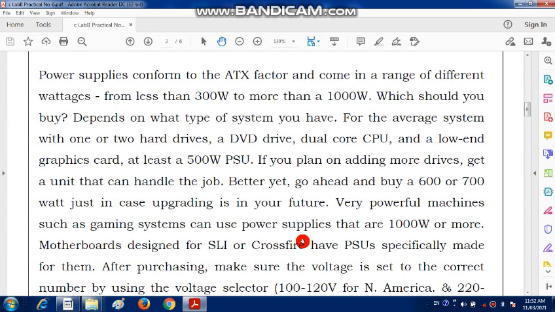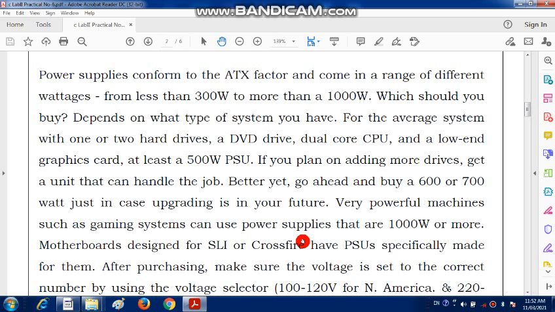Power supplies conform to the ATX form factor and come in a range of different wattages from less than 300 watts to more than 1000 watts. Which should you buy? It depends on what type of system you have. For the average system with one or two hard disks, a DVD drive, a dual core CPU and a low end graphics card, get at least a 500 watt PSU.